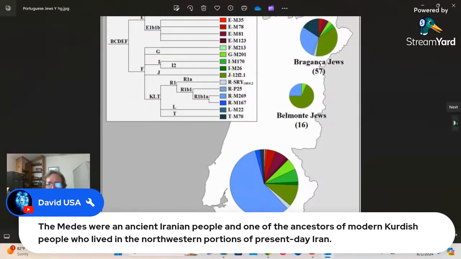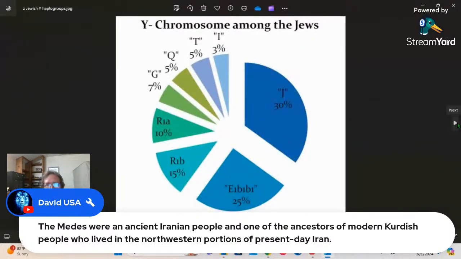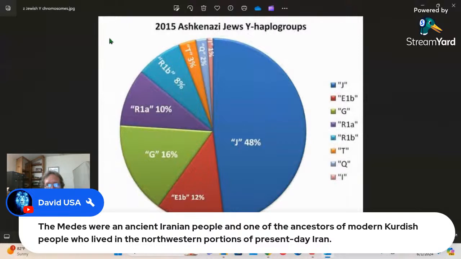Among Jews, these are secular Jews. Here's Ashkenazi Jews.